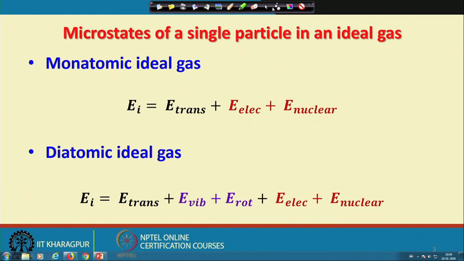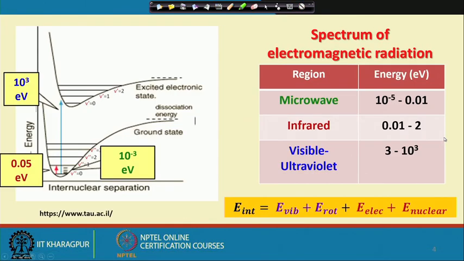Specifically, we talked about how to separate out the effect of the internal structure of the molecule in terms of not only the nuclear energy levels and the electronic energy levels, but also taking into account the separation into the vibrational energy levels and rotational energy levels associated with each electronic energy level of the molecule.